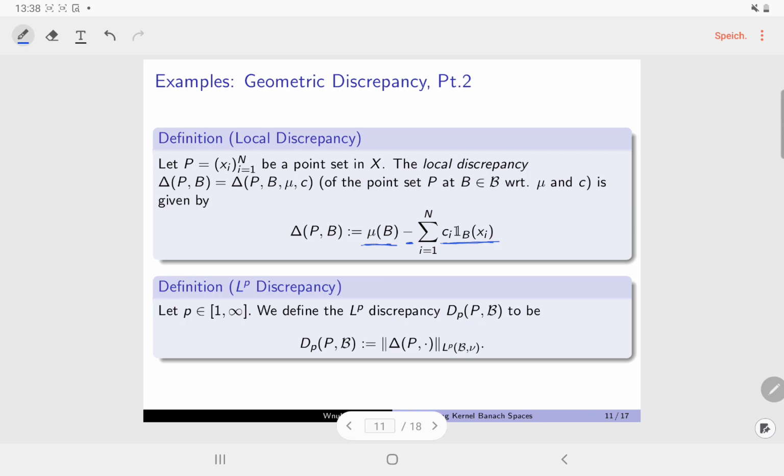This is measure supported at x1 up to xn, such that xi has weight ci. Okay, so this is the local discrepancy.